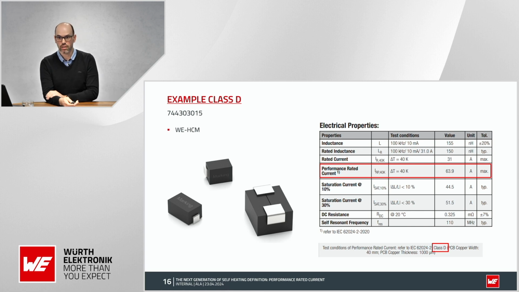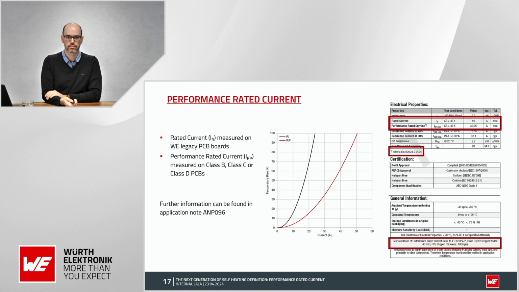So this means with that one, we made it very transparent how this rated current value or performance rated current value, how we like to name it nowadays, has been defined or has been measured.